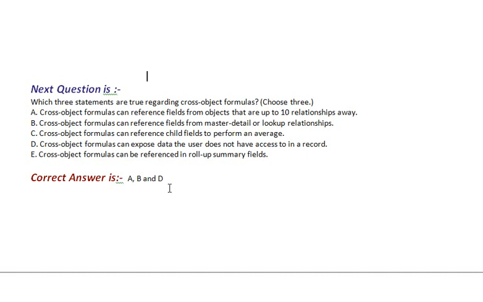Option C, cross-object formulas can reference child fields to perform an average. Option D, cross-object formulas can expose data the user does not have access to in a record. And option E, cross-object formulas can be referenced in roll-up summary fields. The correct answer for these are option A, B and D.